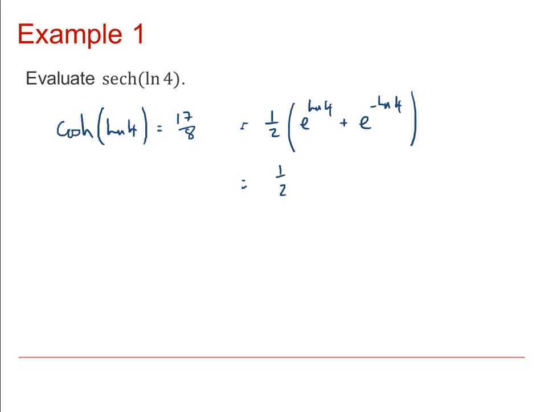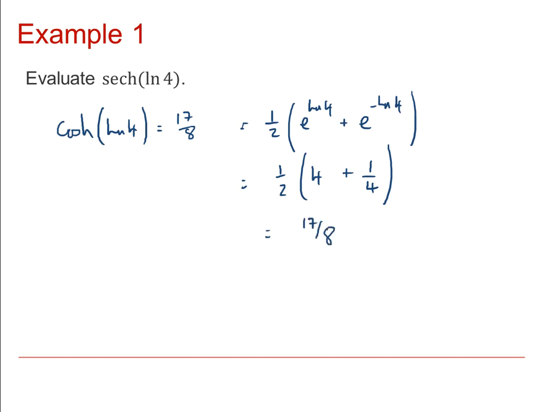Well, e to log 4 is just equal to 4. Negative log 4 is the same as log of a quarter, so e to that must be equal to 1/4. You can see there we've got 4 plus a quarter is 17/4, so therefore 1/2 of that is 17/8.